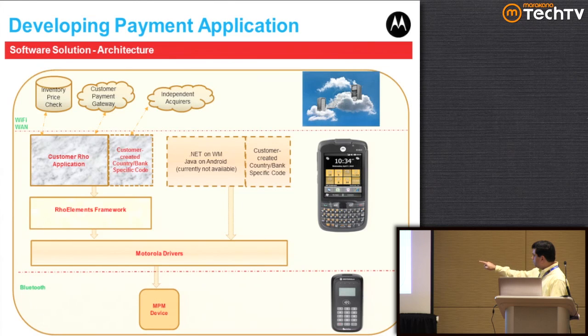On the mobile side, there are Motorola drivers. Above that, the RhoElements framework. And above that, your application sits. What your application can do with RhoMobile is talk to the NPM and throw a bunch of menus and commands on the NPM, and get the input, whether it's credit or debit, service charge, do you accept the service charge, all those kinds of things.